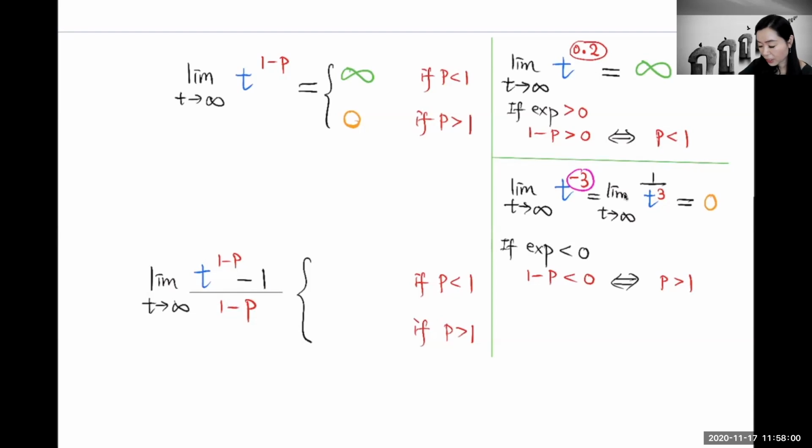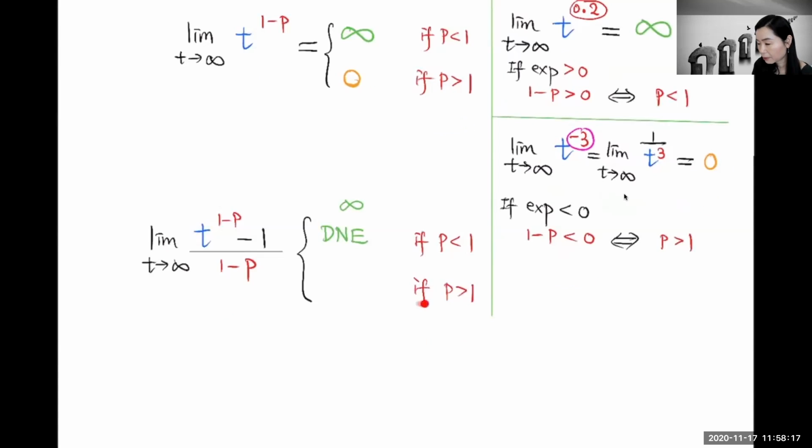Or you can put down that it does not exist, or you can put down infinity. If p is greater than 1, then this part here is going to go to 0. So what does this limit become? It's going to become 1 over p minus 1, because this is 0. Negative 1 over 1 minus p is equivalent to 1 over p minus 1.